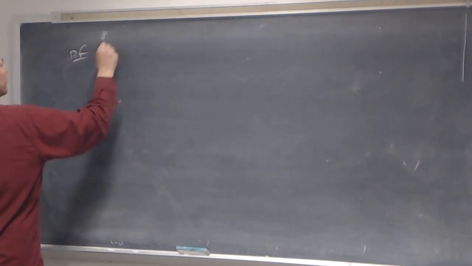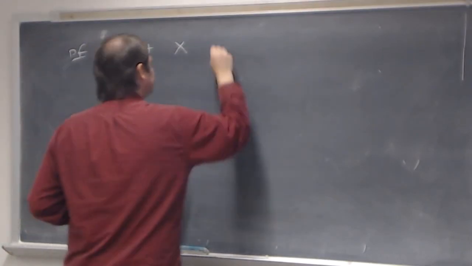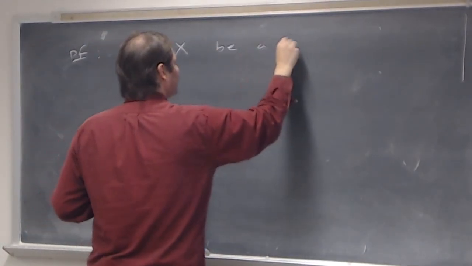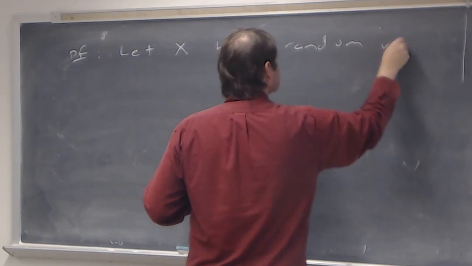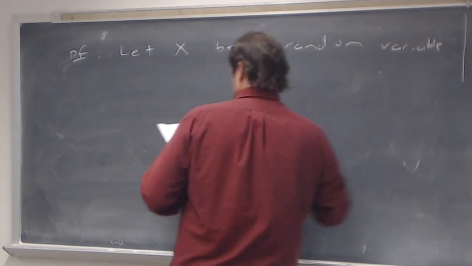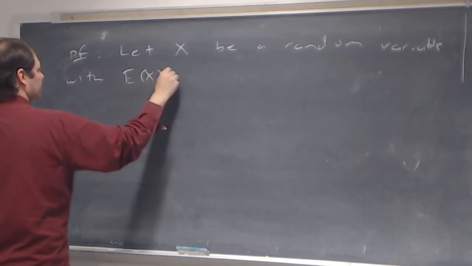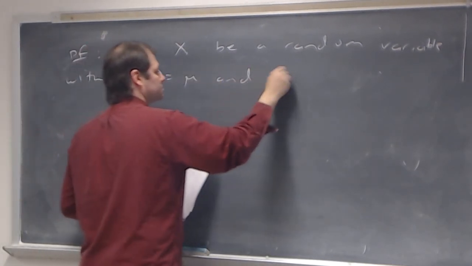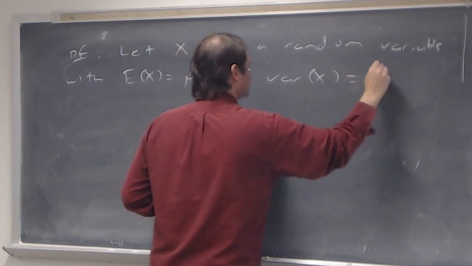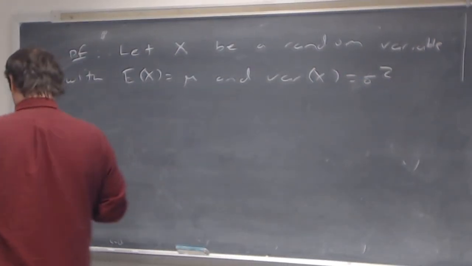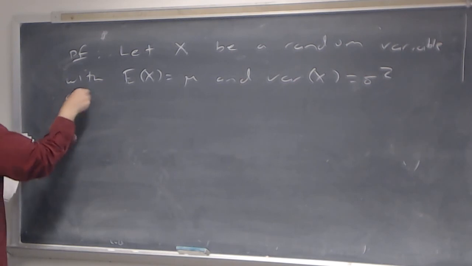Okay. So, to prove it, we go on the left: let x be a random variable with the expected value of x being mu and variance of x being sigma squared, and k be greater than 0.